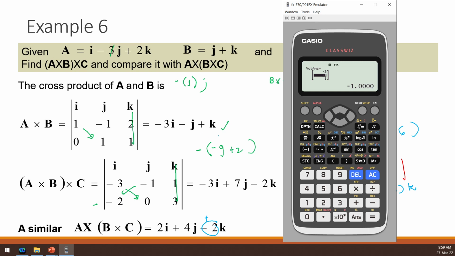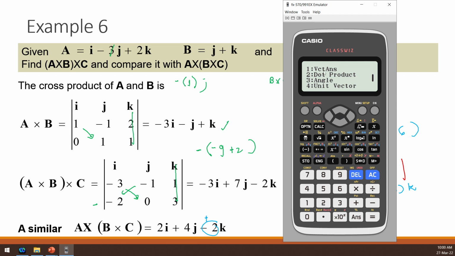This is A cross B. And A cross B is stored in vector answer. Later on, I want to cross with vector C. Actually, I no need to clear.